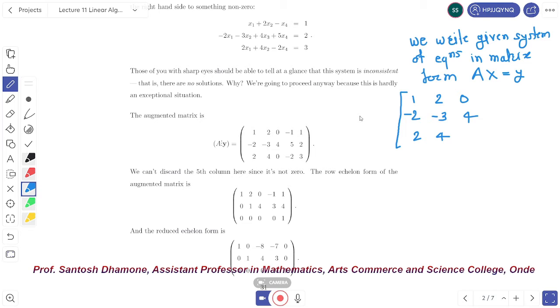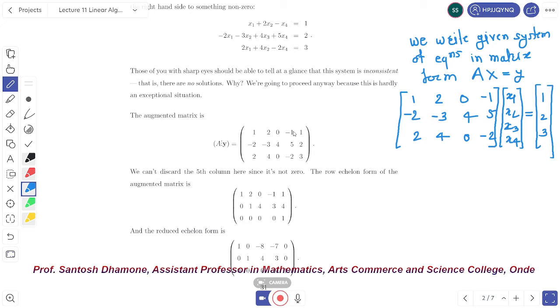This is the system of equations in matrix form, Ax = y. The augmented matrix is [A | y], equal to the matrix with rows 1, 2, 0, minus 1, 1; minus 2, minus 3, 4, 5, 2; 2, 4, 0, minus 2, 3. We can't discard the fifth column here since it's not 0.